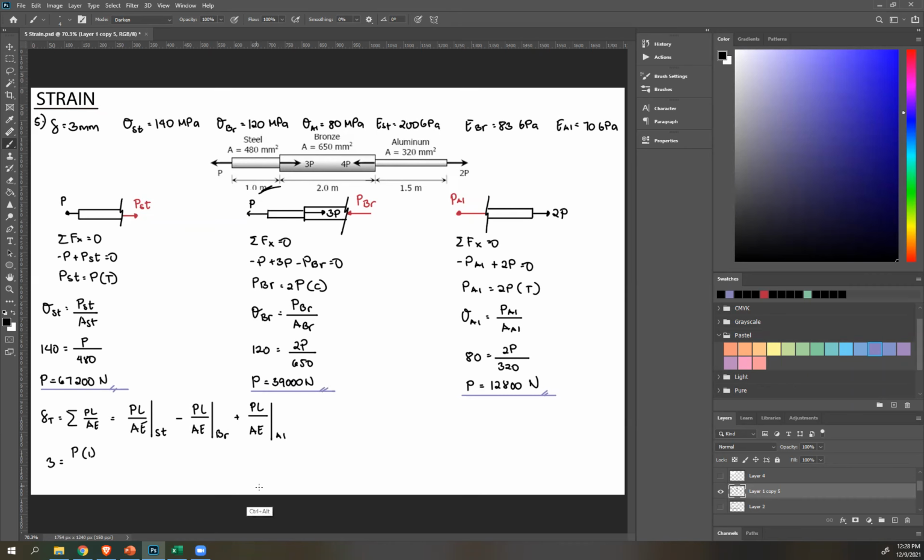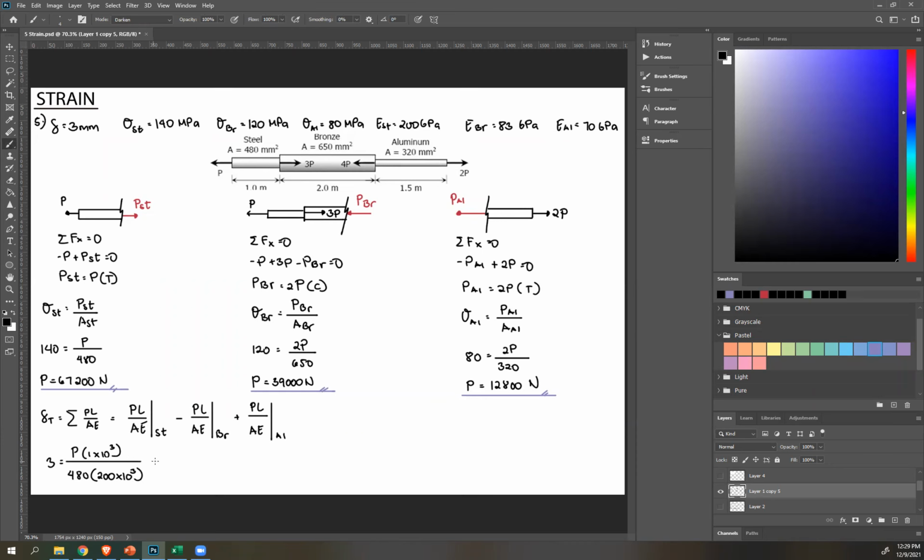So that's just times 10 raised to 3 or times 1,000. All over cross-sectional area already in millimeters, 480. And then E for steel, 200 GPa times 1,000 to convert to MPa or times 10 raised to 3.